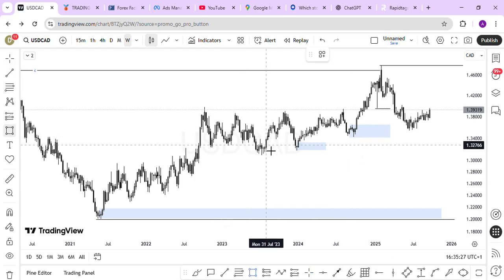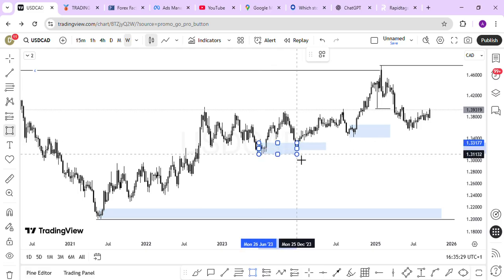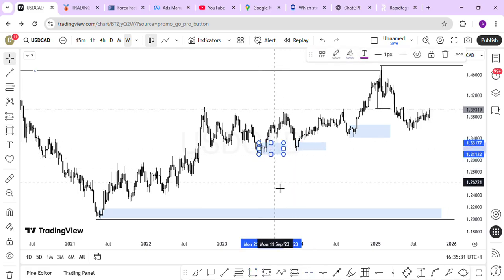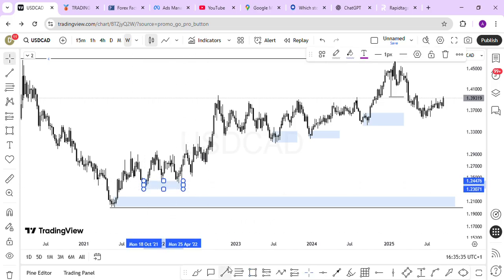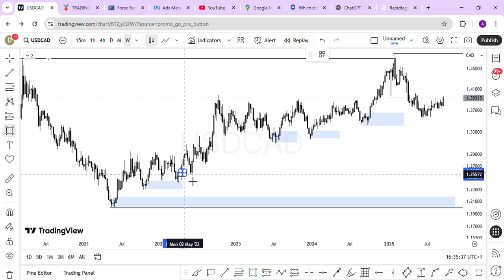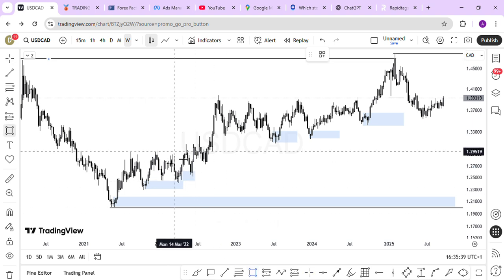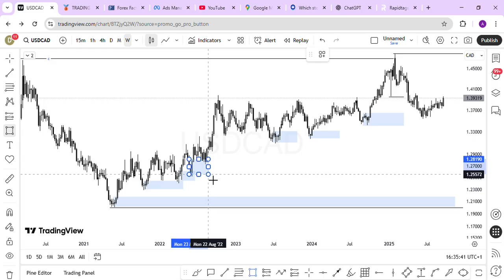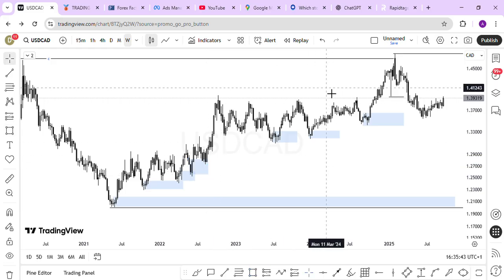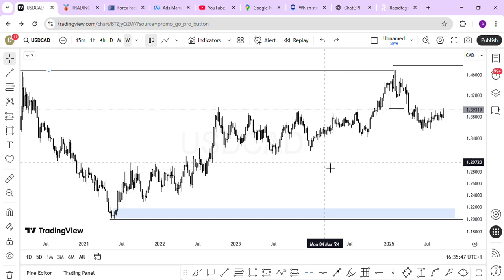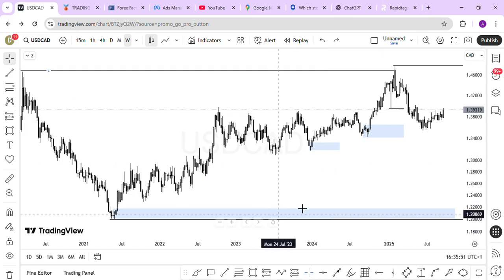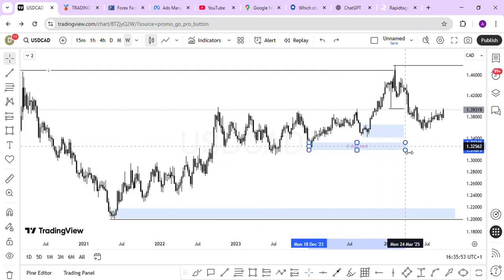This one has been mitigated, so we can't use it again. Here, no POI, all mitigated. You can see they have been mitigated. Everything has been mitigated, so there's nothing. We only have these two POIs that are unmitigated, but this is an SMT.